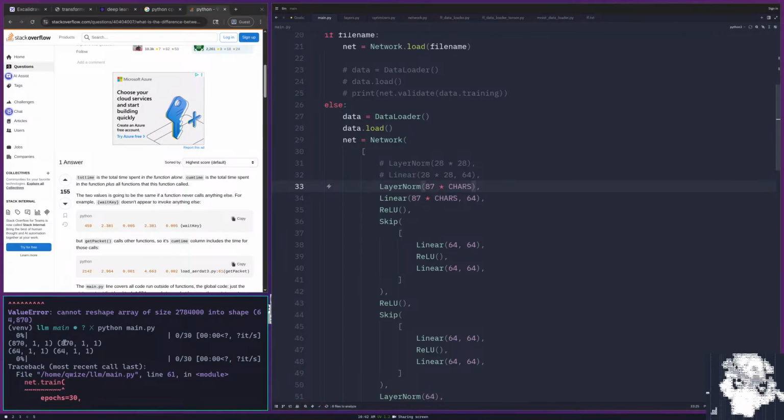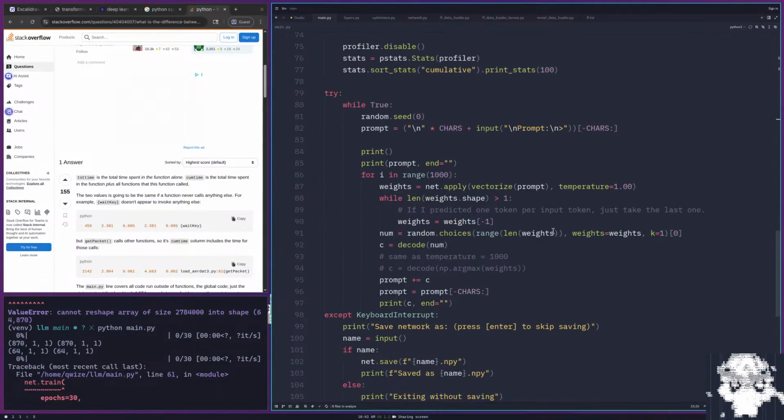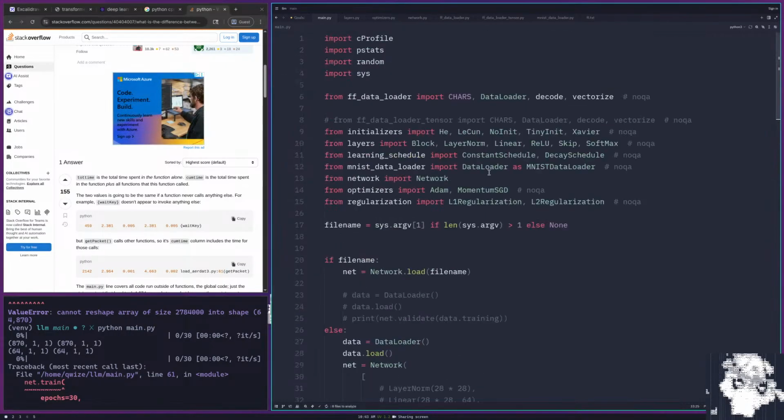But why are we... Why is our input an order 3 tensor? Because aren't I loading the... Yeah, I'm loading the old way of doing it.